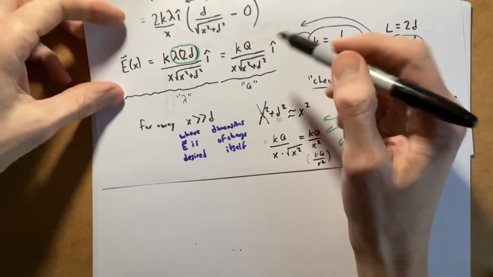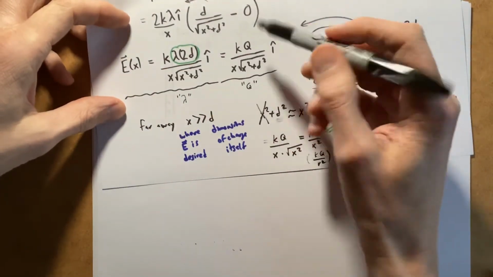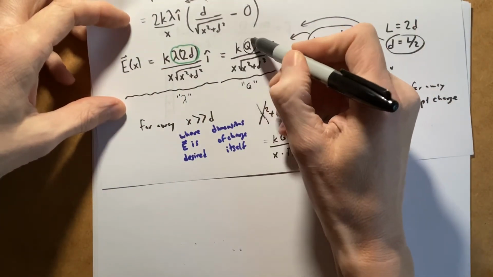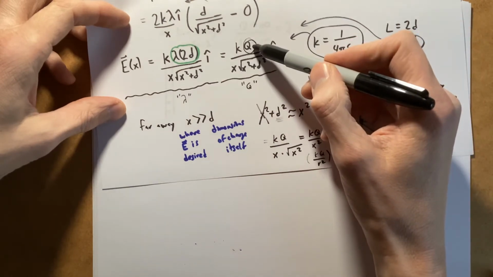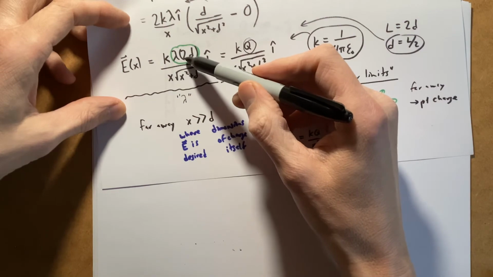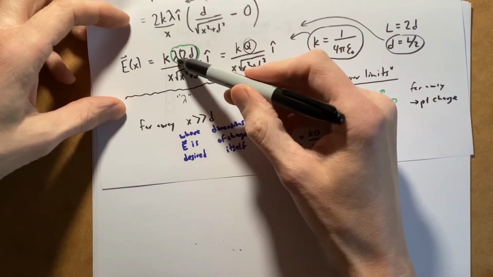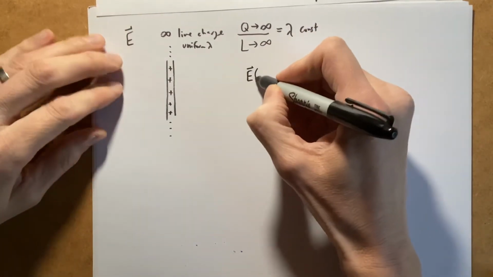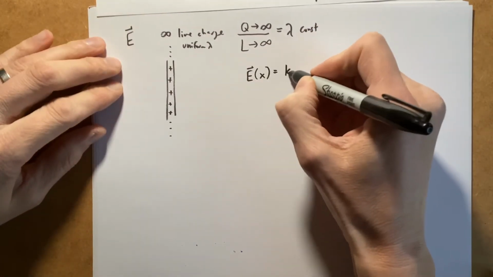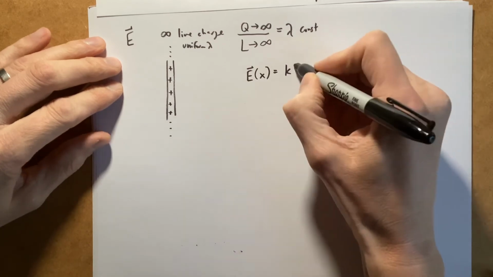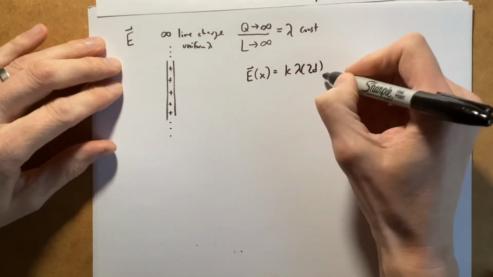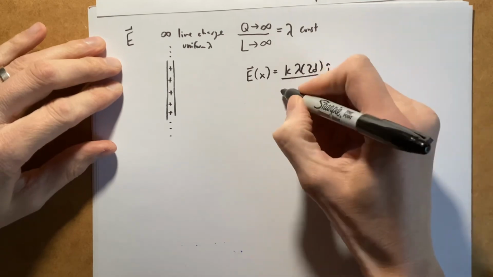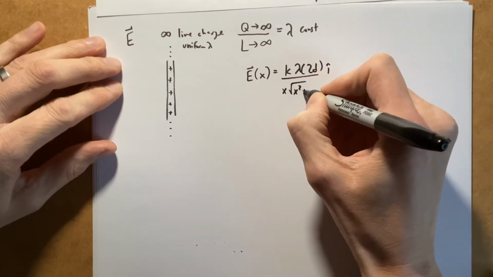Now that's going to be a little bit tricky, of course. If I look back at my equations over here, I may not want to favor my Q form anymore, because that's just a big Q blowing up to infinity. I might want to prefer my form over here instead with lambda, because I know lambda is well controlled. So let me just copy my result from over here: k lambda over x times d over the square root of x squared plus d squared.